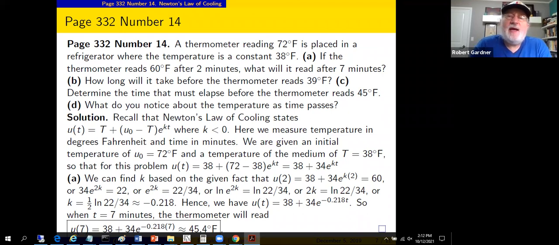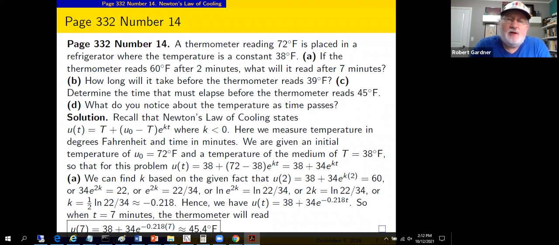Now in part A, they ask us, given that information, what will the thermometer read after 7 minutes? They want to know what u of 7 is. T equals 7, plug that into the function, 38 plus 34 e to the negative 0.218 times 7. Calculator tells me that's 45.4 degrees Fahrenheit.